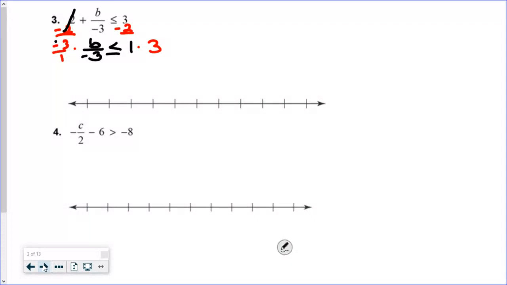Now I'm multiplying by a negative. Oops, I didn't write it on this side. My bad. When I multiply by a negative, that is when I flip the sign. So this one you do flip the sign because the number in red is negative.